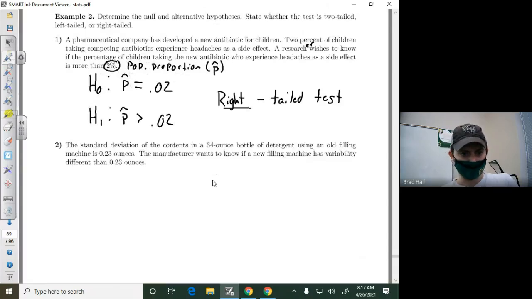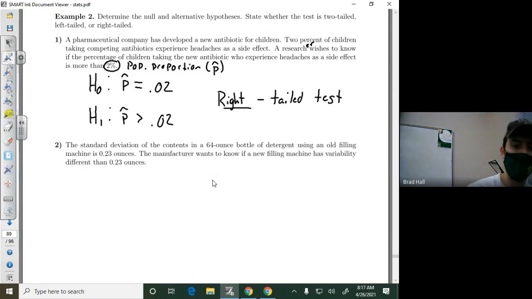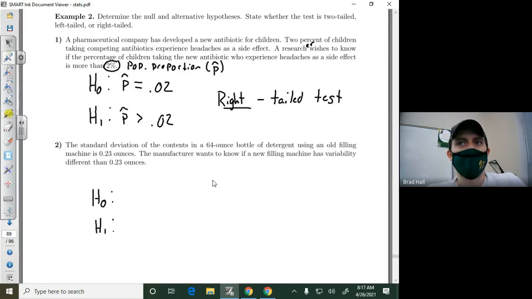Part two, they tell us that the standard deviation for a 64-ounce bottle is 0.23 ounces. And they want to know if there's variability different than 0.23 ounces. So let's try this again. See if everybody can redeem themselves this time. What's the parameter here? It's standard deviation. This one's easier because, of course, they say standard deviation.